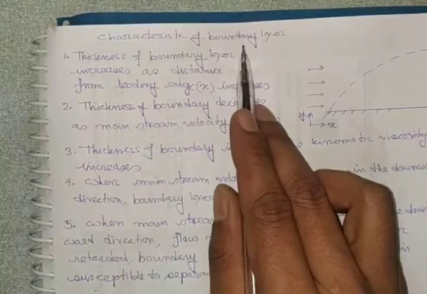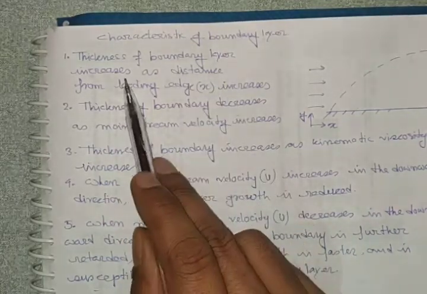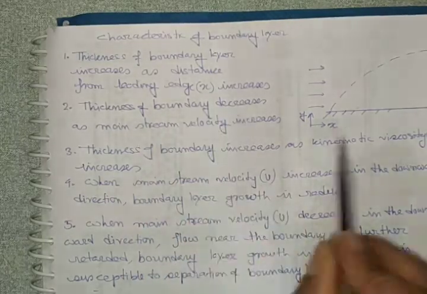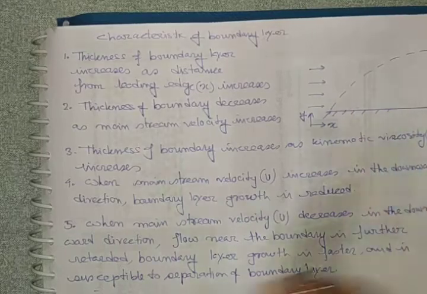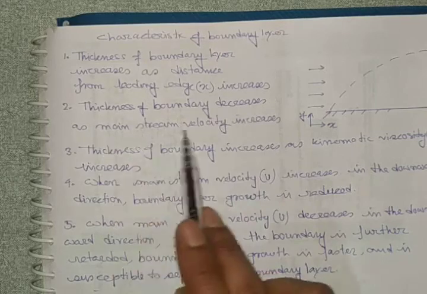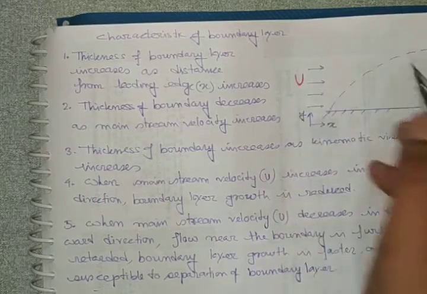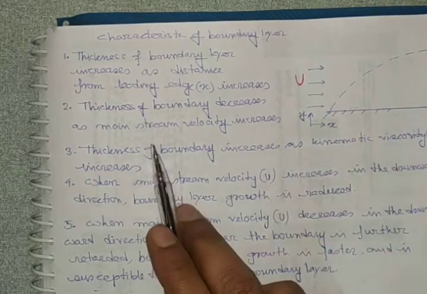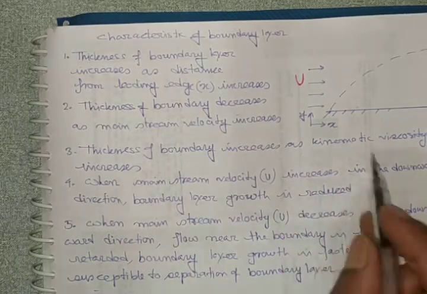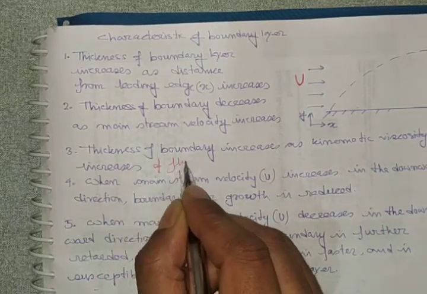So a few characteristics of a boundary layer. The thickness of the boundary layer increases as the distance from the leading edge, that is x, increases. Thickness of the boundary layer decreases as mainstream velocity increases. If mainstream velocity increases, the thickness decreases. Thickness of the boundary layer increases as kinematic viscosity of the fluid increases.